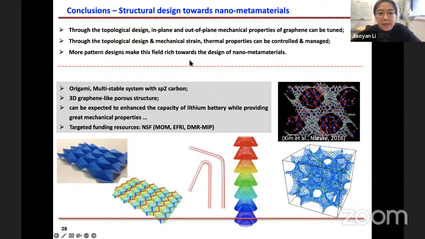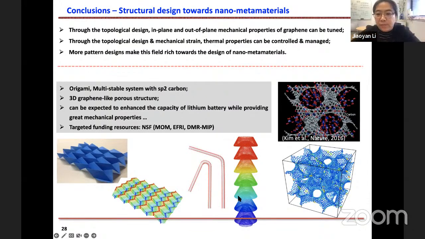And more designs can be studied further. In fact, I think design is still a very rich area to be investigated further. Inspired by paper origami patterns, we can design graphene structures with bistable states, similar to the bistable structure of a straw.